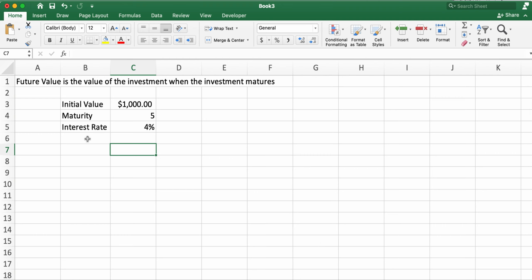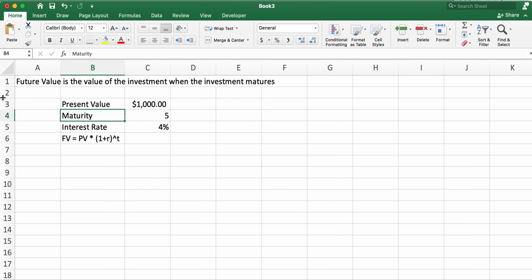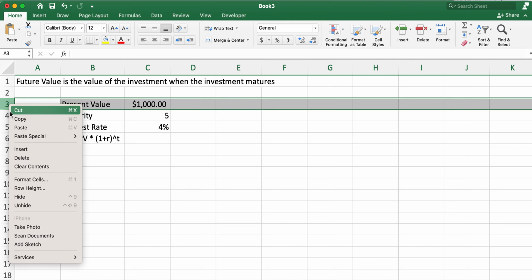Okay, so our formula that we're going to be using is fairly straightforward. Future value is equal to present value times 1 plus our interest rate to our time. Instead of saying initial value, let's say present value, our value today.